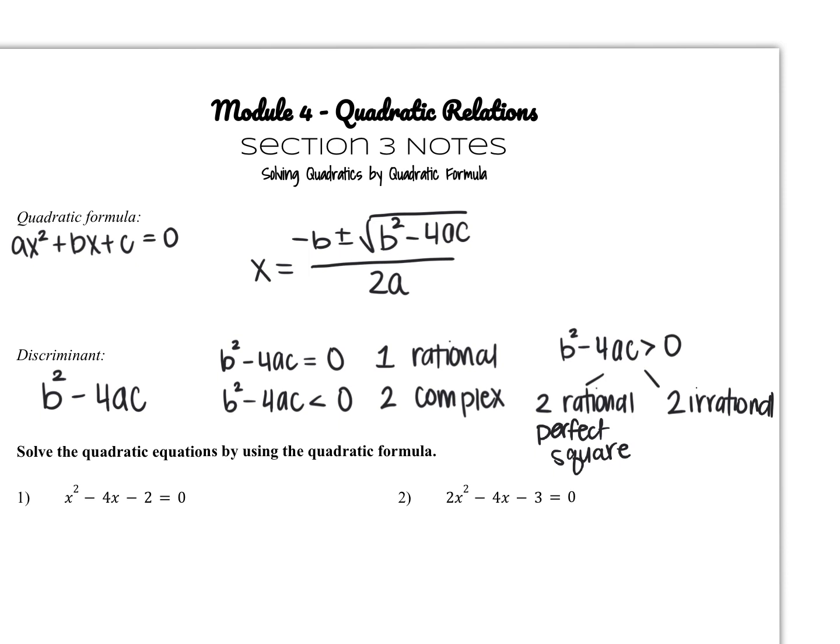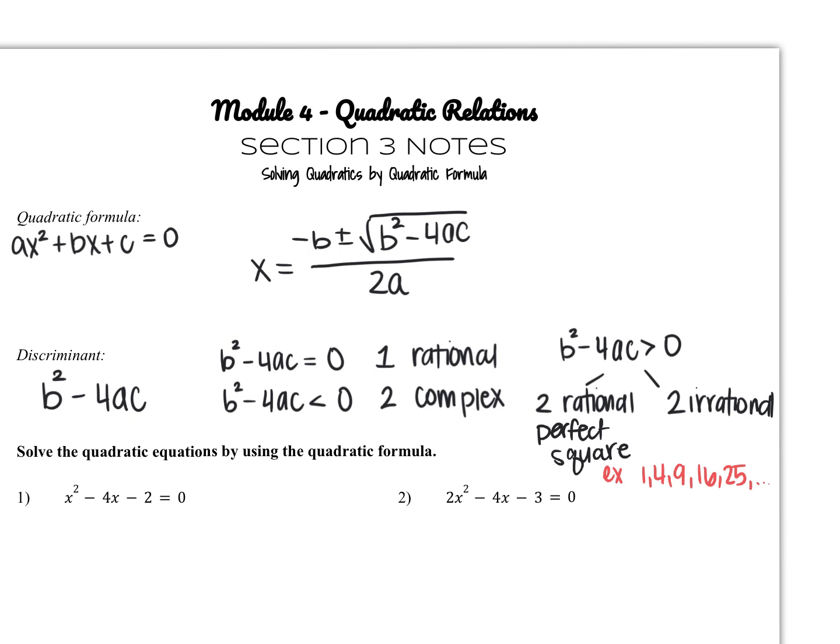By perfect square, we're talking about, for example, the numbers 1, 4, 9, 16, 25, and it keeps going. Those are the numbers I can take the square root of and get a whole number.